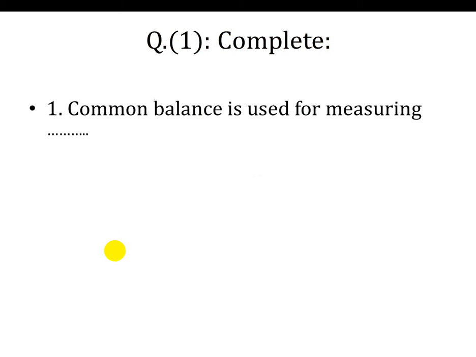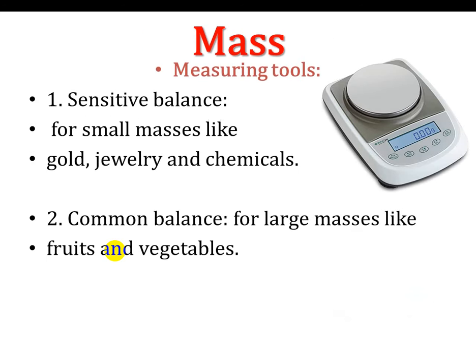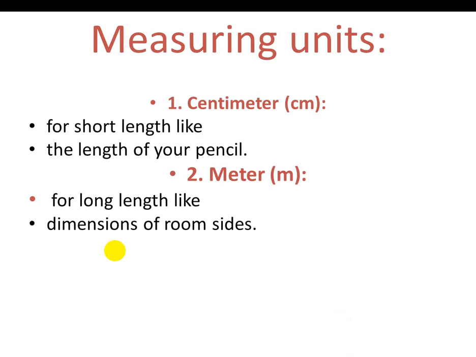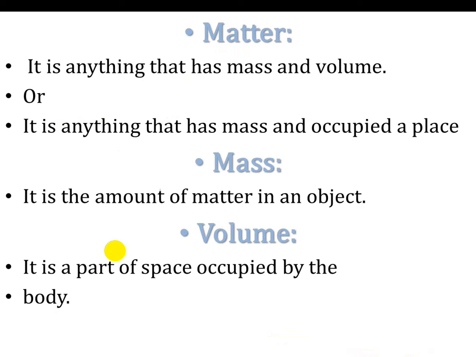Okay, and now we will make a complete revision of what we talked about. So we have talked that the matter is anything around you that has a mass and volume, or anything that has a mass and occupies a place.